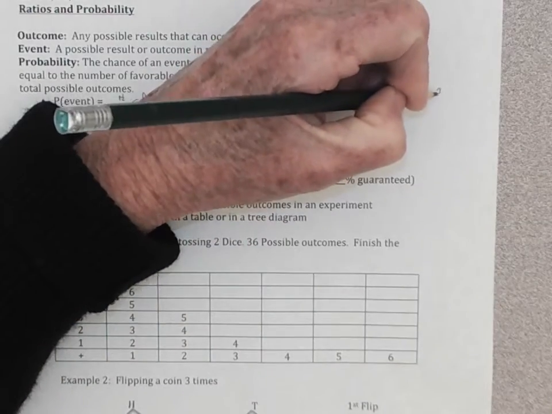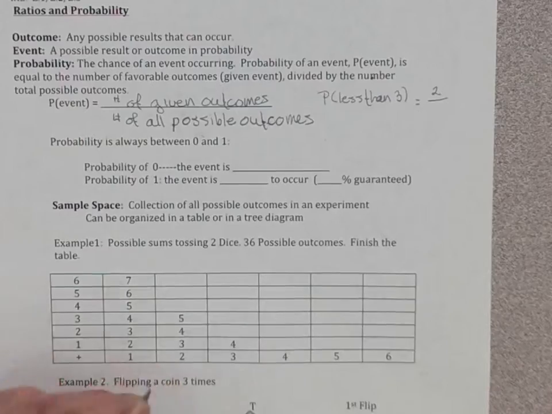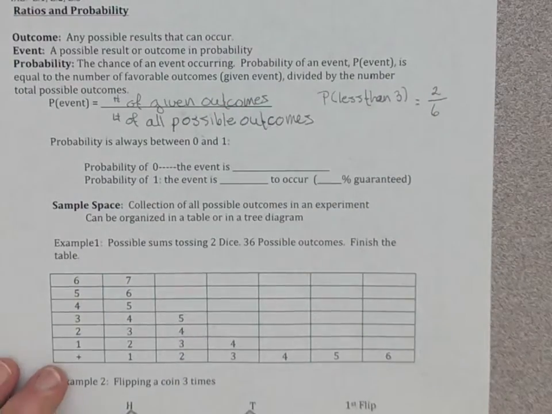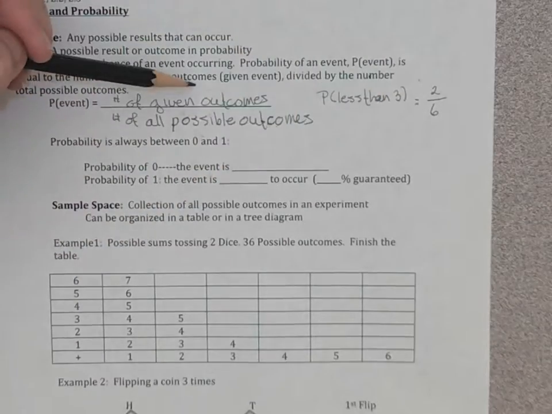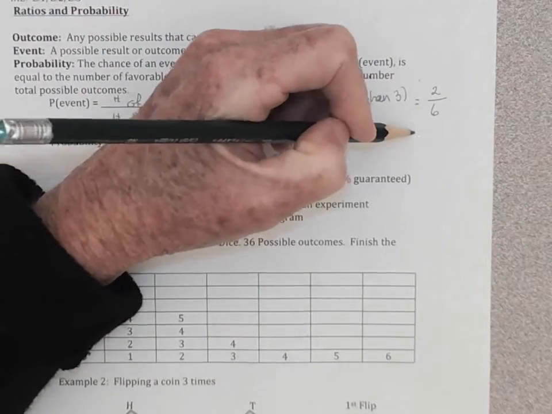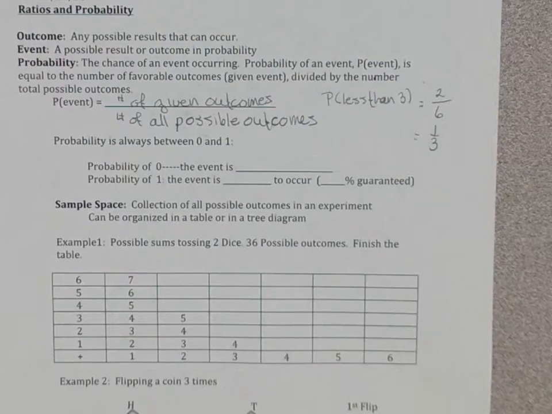So that's my given outcome that I want, and we know that there's 6 possible outcomes altogether on a six-sided dice. So it'd be 2 out of 6. 2 of the given event over 6 of all the possible outcomes. This can also be simplified down to 1 over 3. So that's how probability works.